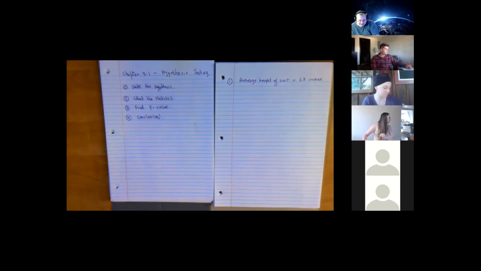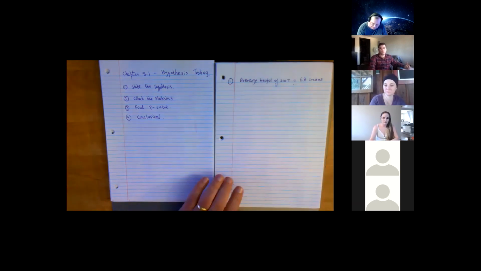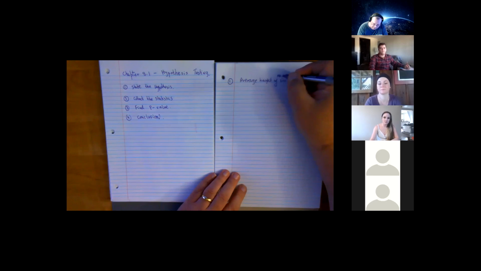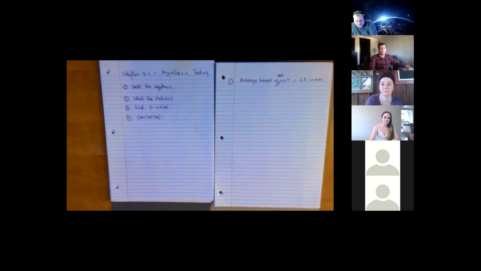And they probably would get that by just looking at skeletons and measuring. If you know the full skeleton, I think you can tell what height that adult male would be. So we'll make this the average height of a male Scot, and it's 63 inches tall.